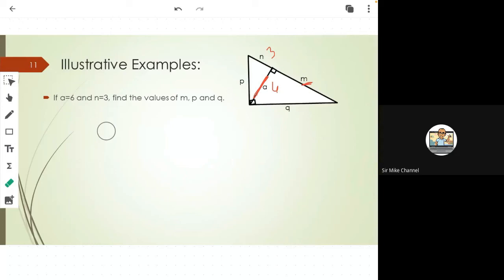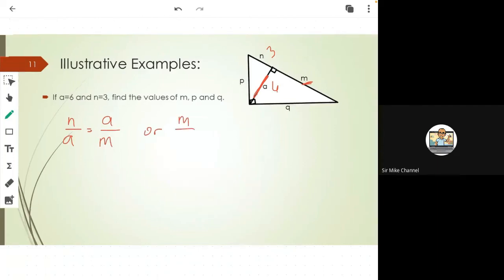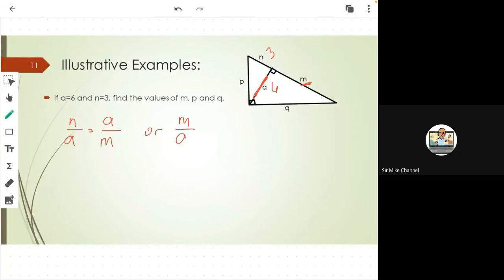So, yung A natin, dalawang hypotenuse, ito yung N over A, tapos ito yung A and M. Pwede yung M over A equal to or proportional to A, M. Yun ang part natin.